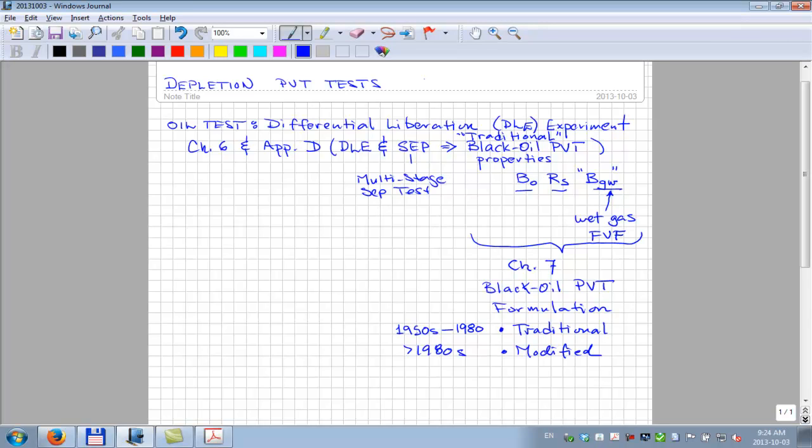And that field was at high pressure, about 7,000 psi, which is, I don't know, however many bar, divide by 15. And it contained about 300 standard cubic meters of gas in solution in the oil. Okay?